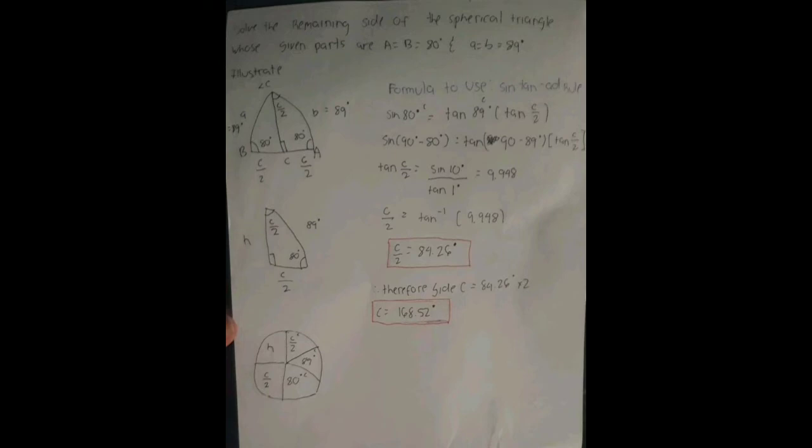This is dissected, which means this side will become C over 2 and C over 2. Then we will illustrate the right spherical triangle, and we will have the height and the same values. Then we will draw the Napier's circle in order to determine which formula is the most applicable.